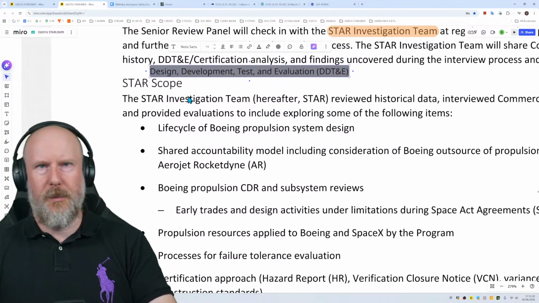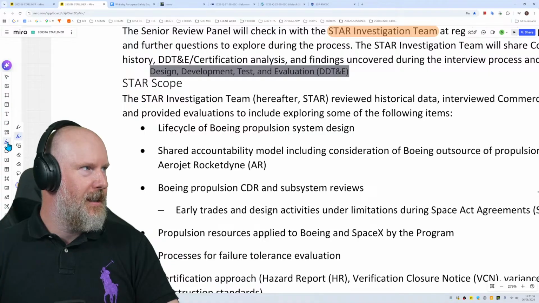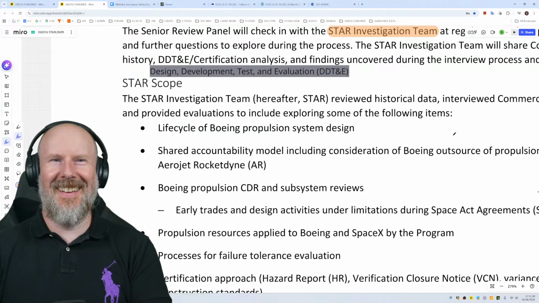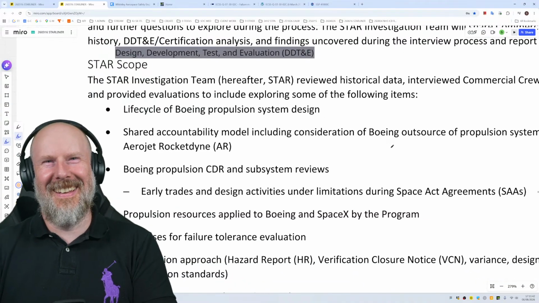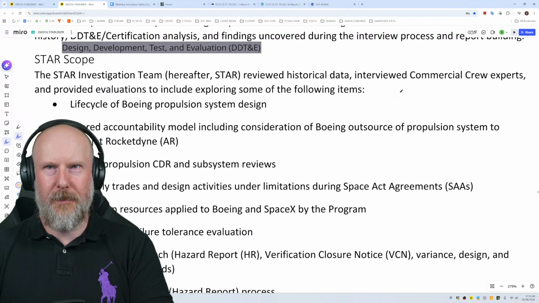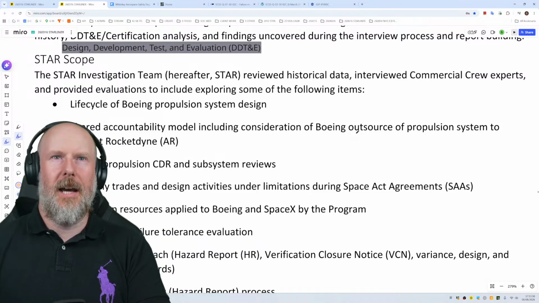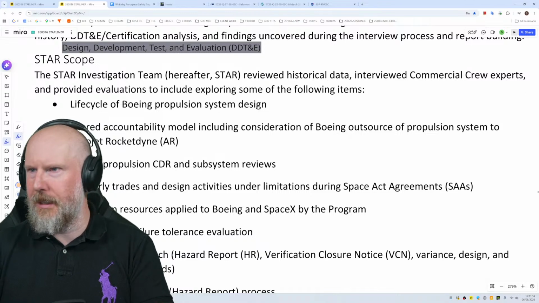So the STAR scope. The STAR investigation team, hereafter STAR, because of course this is a space investigation, so it's got to have a space acronym. The STAR investigation team reviewed historical data, interviewed commercial crew experts, and provided evaluations to include exploring some of the following items.